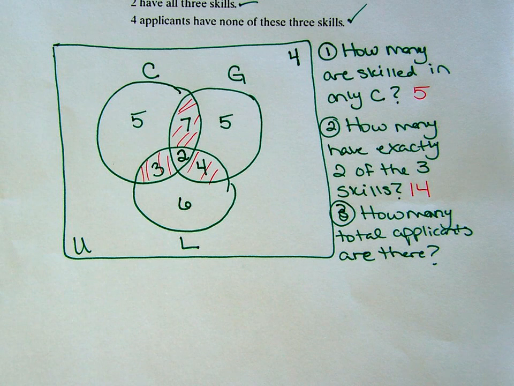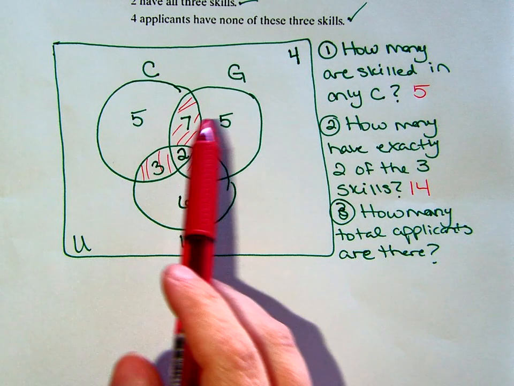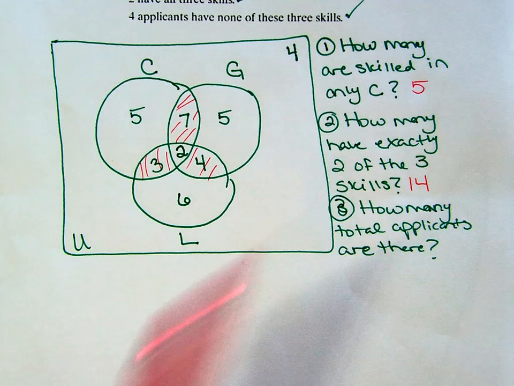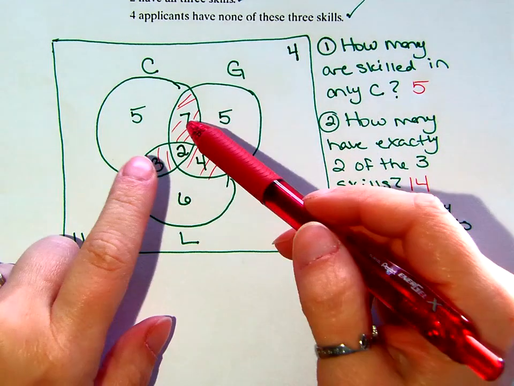Close. 36. Yeah. All we have to do is add up all the numbers we wrote down. So 5, 7, 5, 3, 2, 4, 6, and 4. If we add all those up, we have 10, 20, 36.